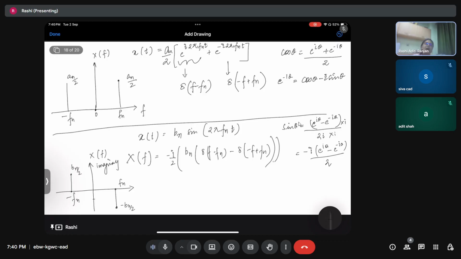But the question is, why do we even bother about the Fourier transform? How do I even care about it?